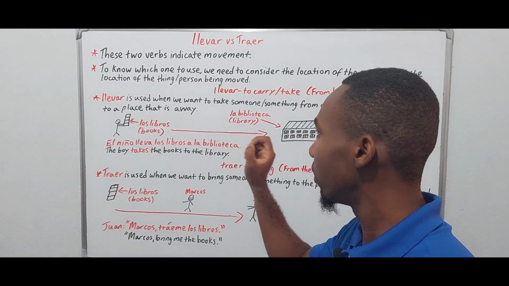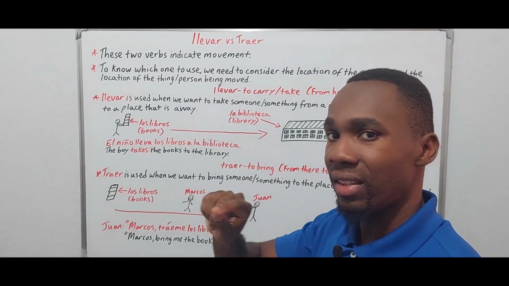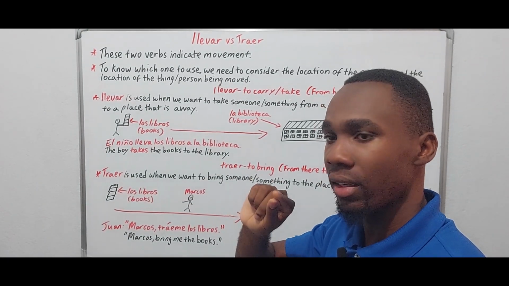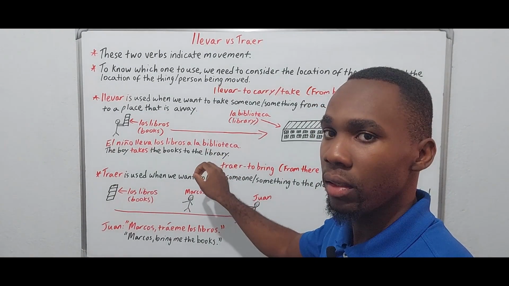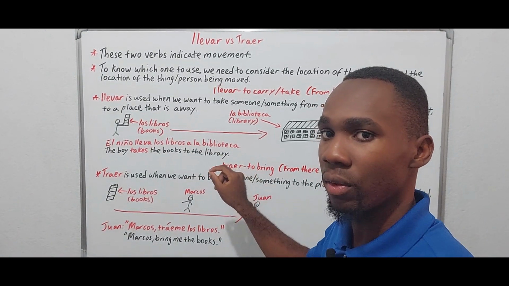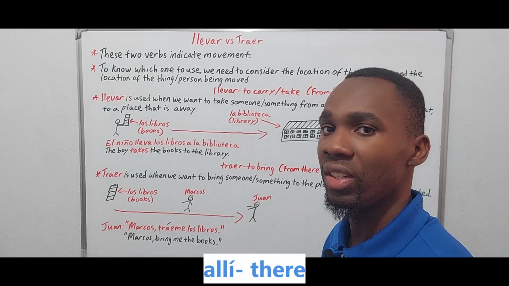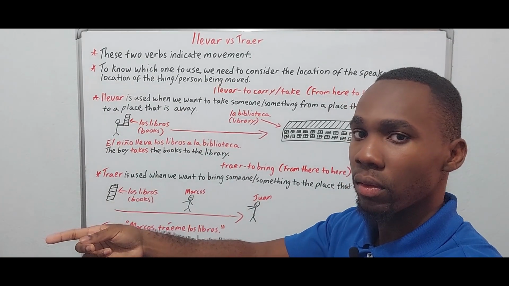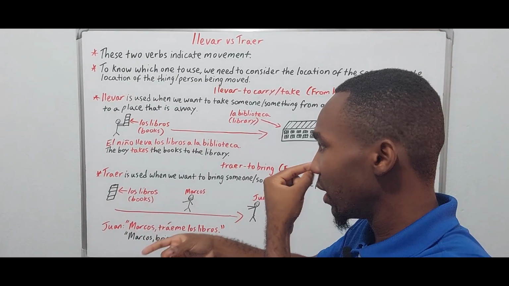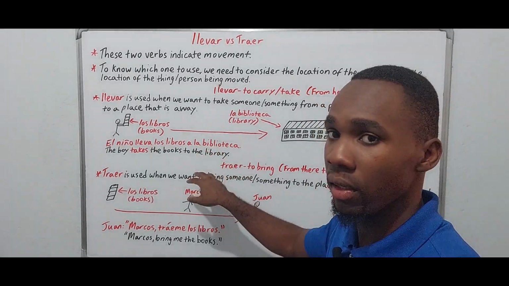So another useful tip would be: if I can replace the destination with the adverb ahí, meaning there, then you know you're using llevar correctly, because it's from here to there. Okay? So I could change a la biblioteca to ahí.